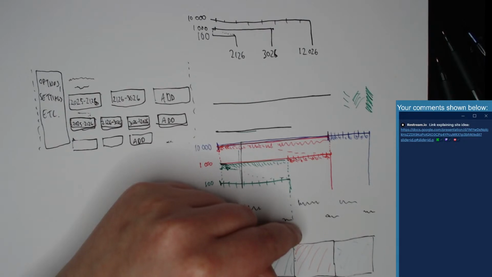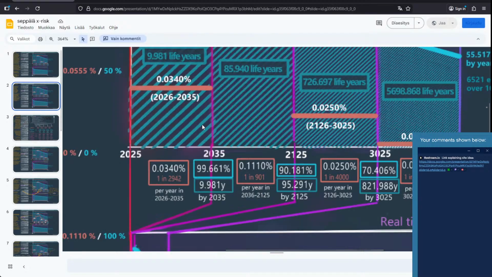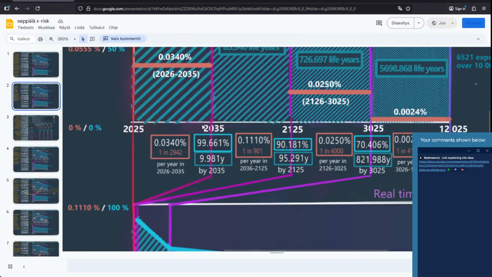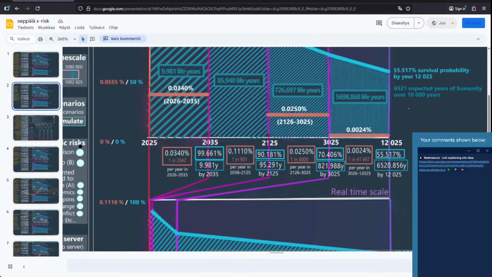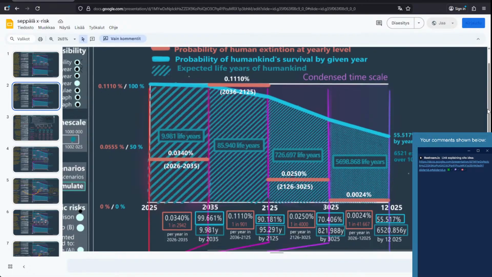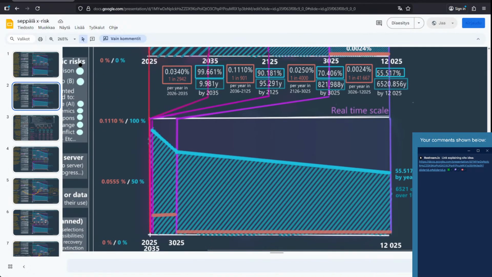Let's see, how did I have it on the, let's see here. I could still make this linear graph under these.